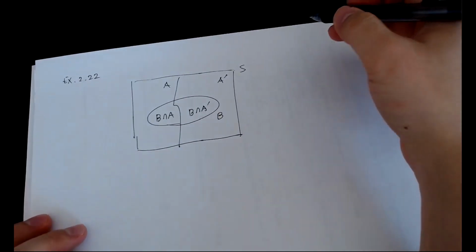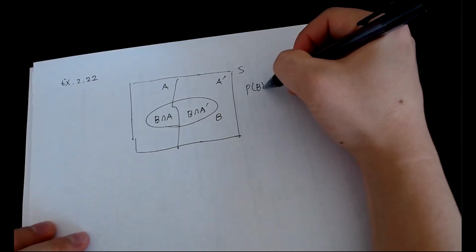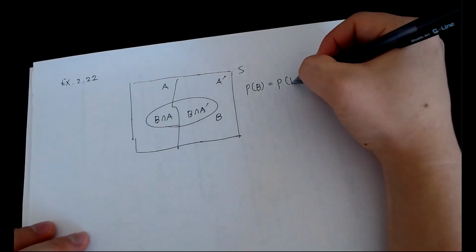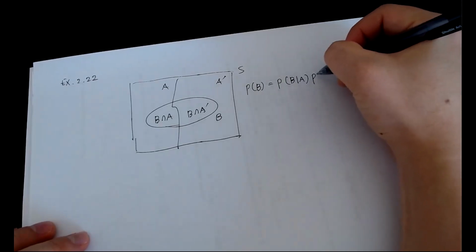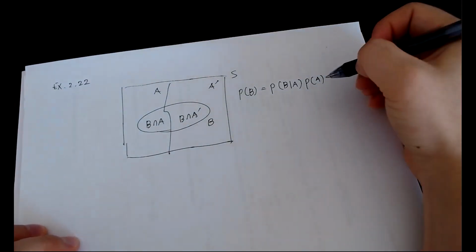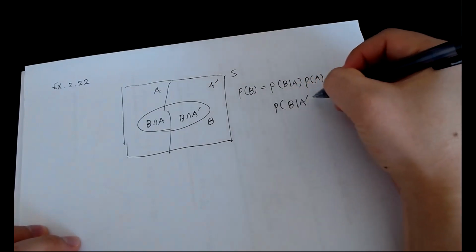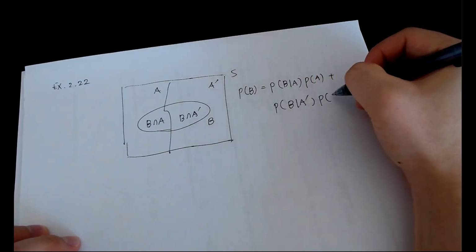So the total probability rule says that P of B is equal to P of B given A times P of A, plus P of B given A prime times P of A prime.